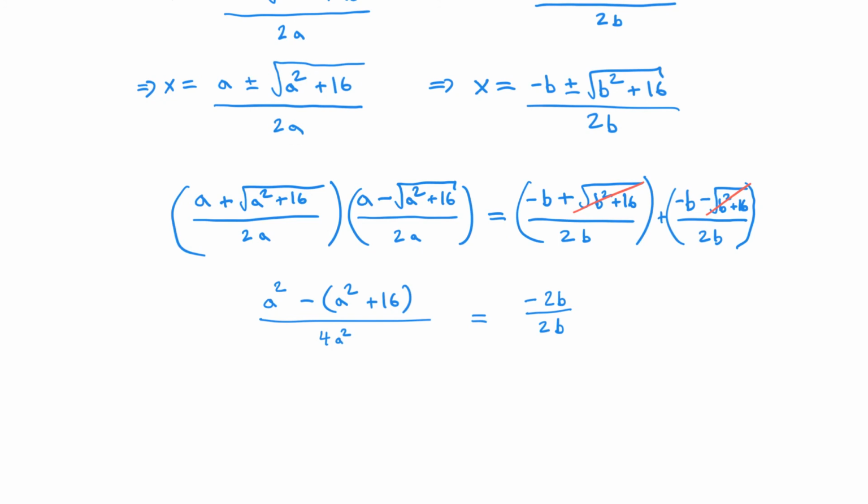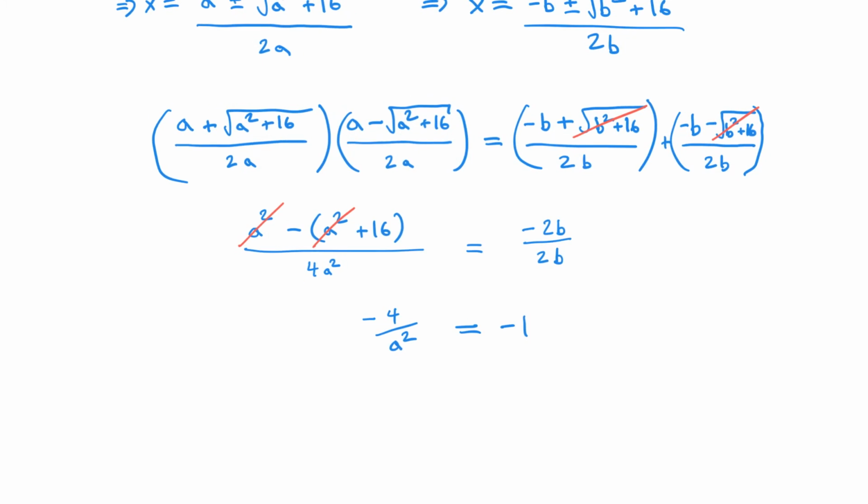So from here, on the left-hand side, we have a squared minus a squared, and just a minus 16 on the top divided by 4a squared on the bottom, so we have minus 4 over a squared. And on the right, it's just minus 1. So we can finally write down all the possibilities for a squared. It's just plus or minus 2.